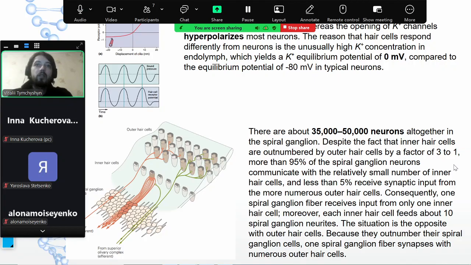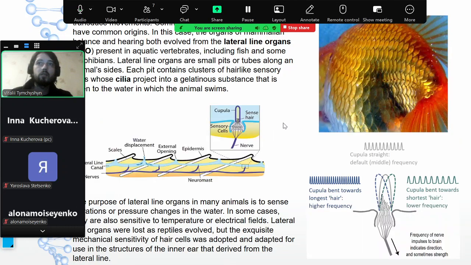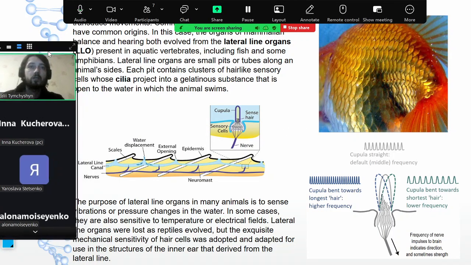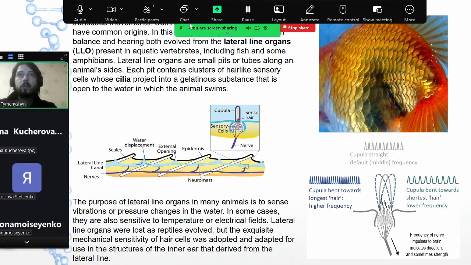That's pretty reasonable, because the inner hair cells are basically getting useful signal to the brain, while the others are just for amplification, and you don't need so much information from them.